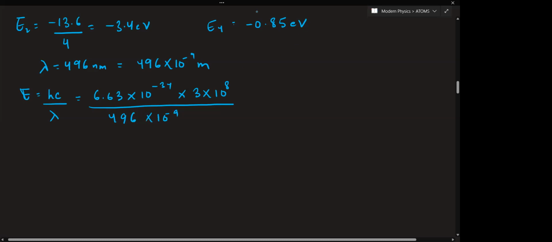Since the energies are in electron volt, let us write this also in electron volt. For converting joules into electron volt, we divide by 1.6 into 10 to the power minus 19. Once you solve this, the answer will come around 2.5 electron volts. Do the calculations after the class.